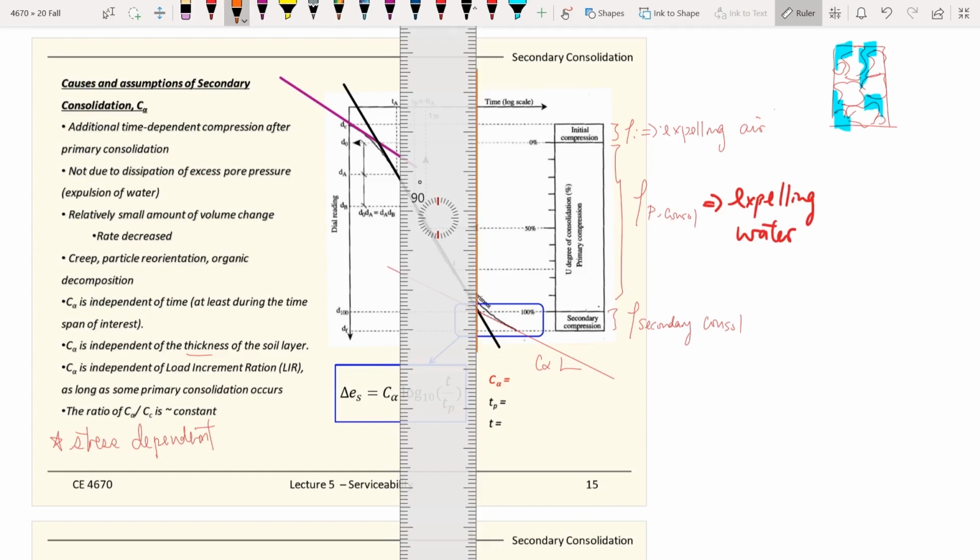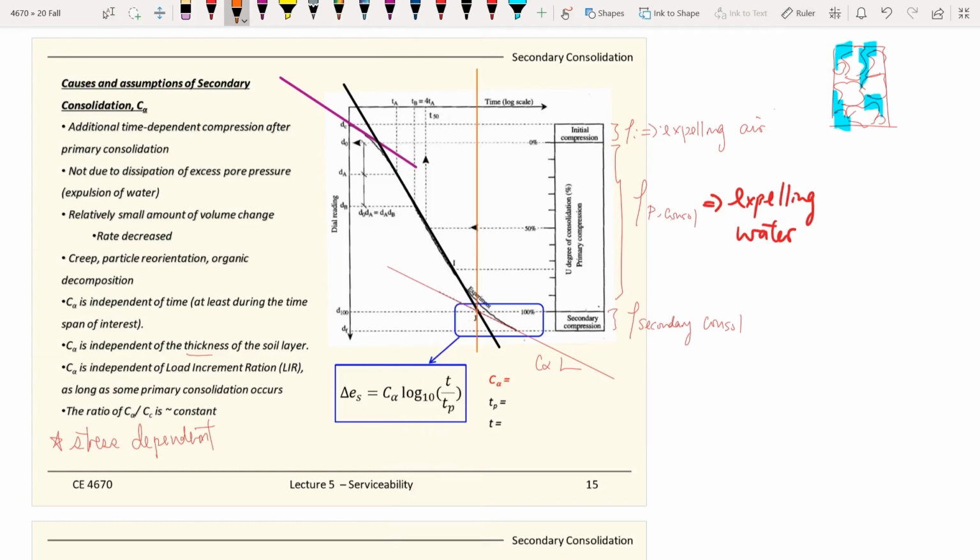So here is your end of primary. We call it T sub P.